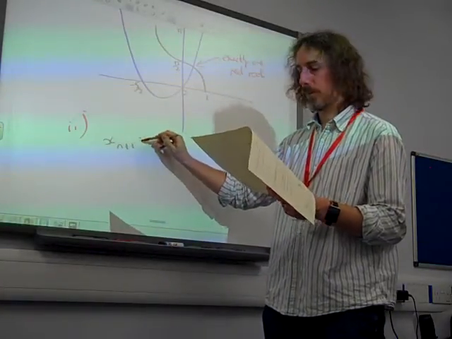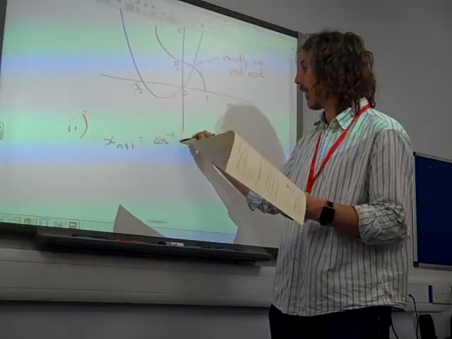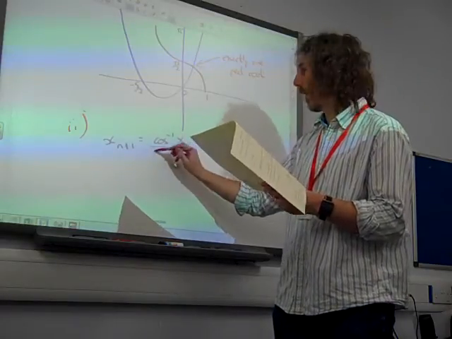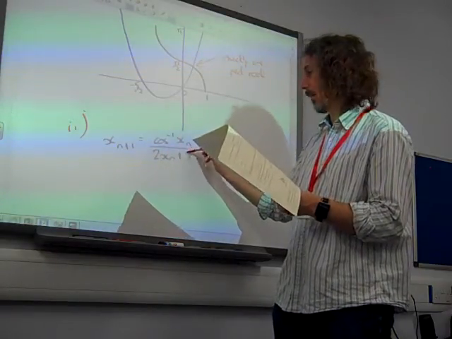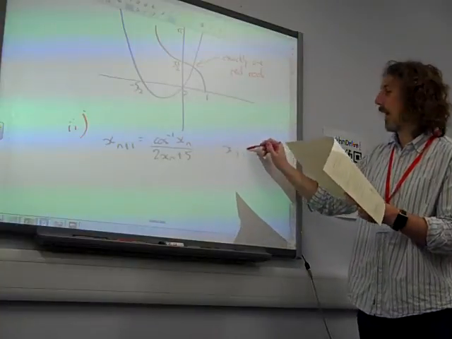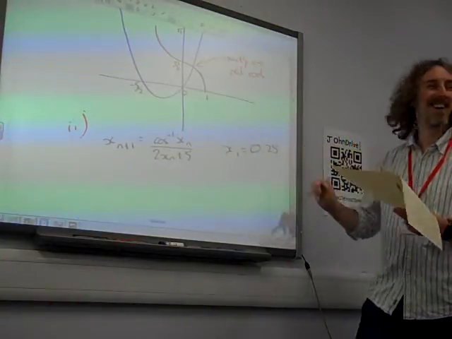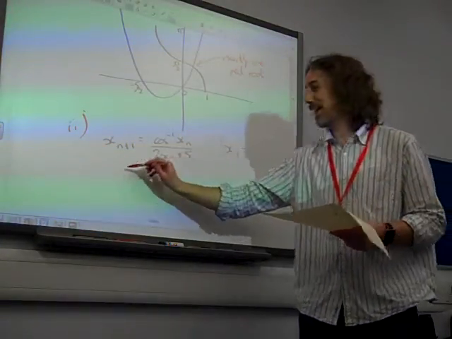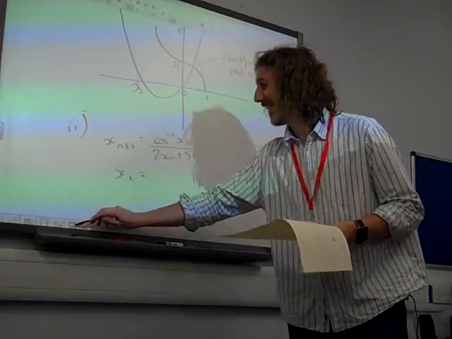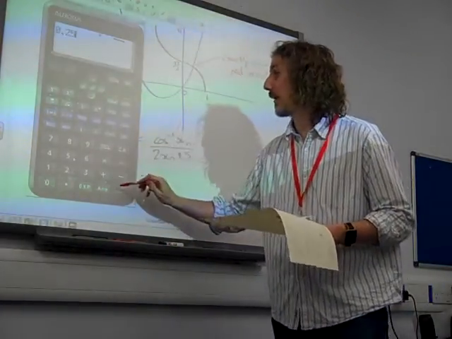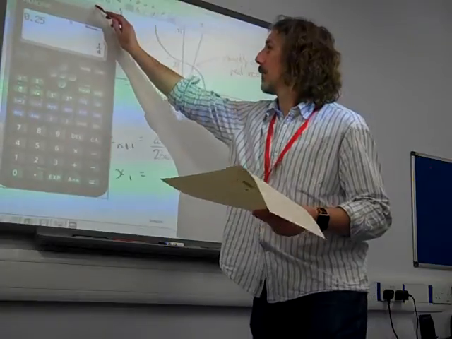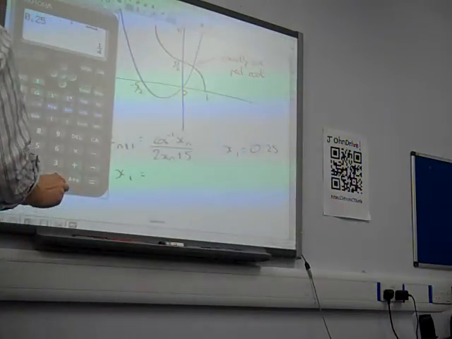x n plus 1 is cos to the minus 1 of x n over 2 x n plus 5. x1 is 0.25. So we're going to put x1 there. We're going to type 0.25 into there, plus equals. We're then going to do our bit of iterative formula.